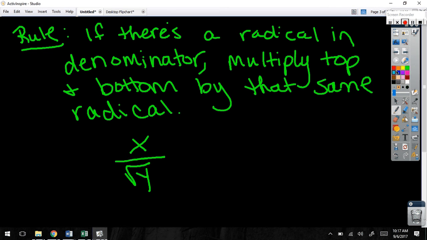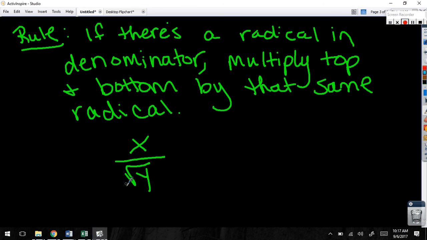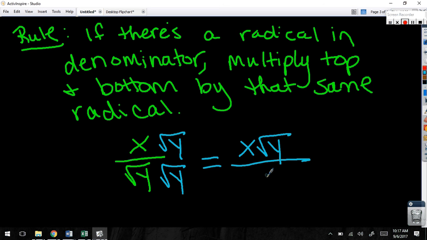So if I have a radical in the denominator, which is the bottom, then I multiply the top and the bottom by that radical. I multiply across here, and what does the bottom become? Just y. It cancels the radical out. Does that make sense to everybody? Square root is like canceling. It absolutely does, yes. Any two square roots multiplied together just leave you with the radicand under it. That's it.